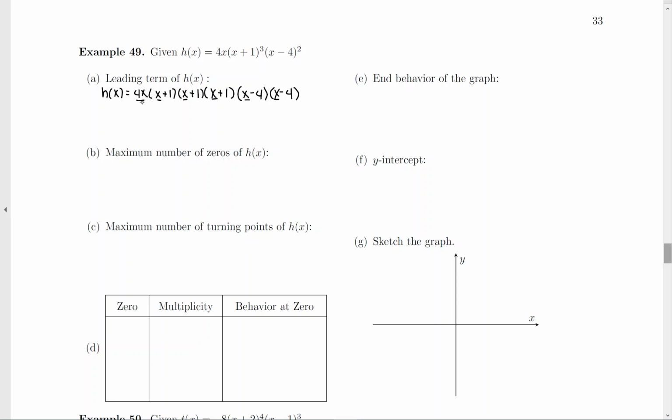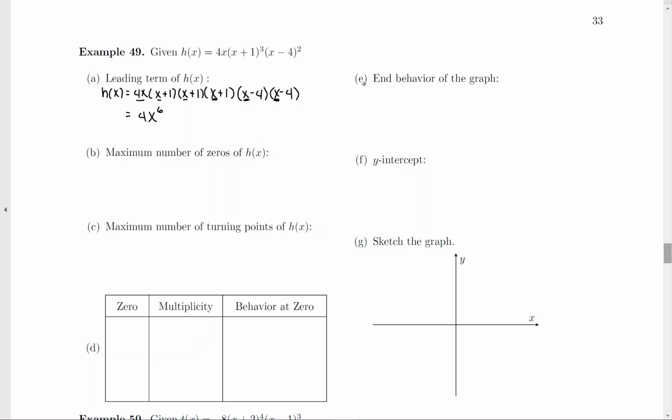So it's going to be 4x times x times x times x times x times x, or 4x and then 1, 2, 3, 4, 5, 6 power. 4x to the 6th would be my leading term. I don't need to multiply the entire thing out, just the leading terms of each of the factors.